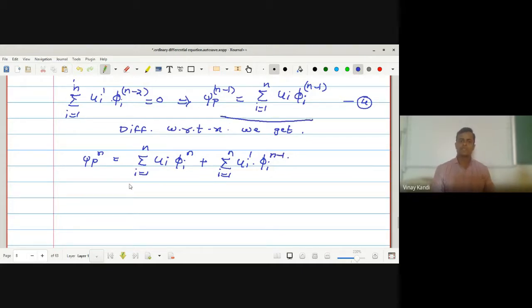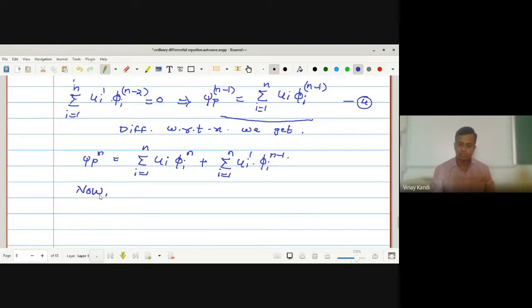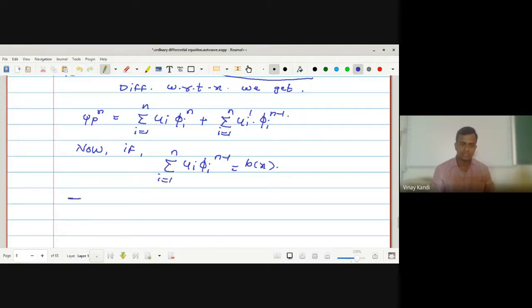Okay, any doubt up to here? Now if we assume this summation i running from 1 to n ui' φi raised to n minus 1 is equal to p of x, it implies ψp raised to n, which is equal to summation, okay, i running from 1 to n ui into φi raised to n, okay, this term plus p of x.